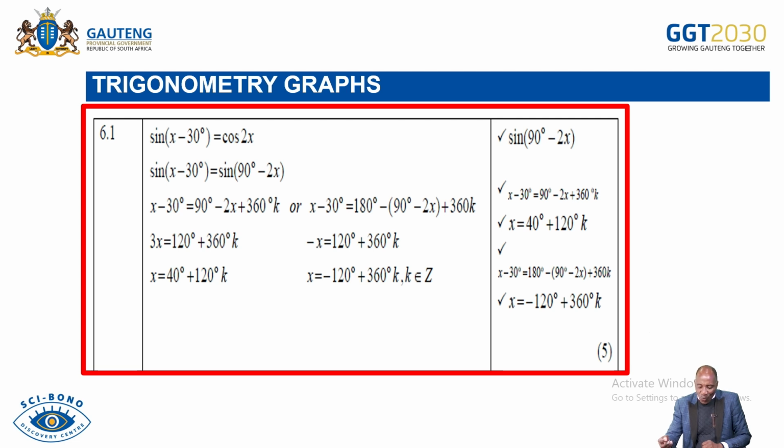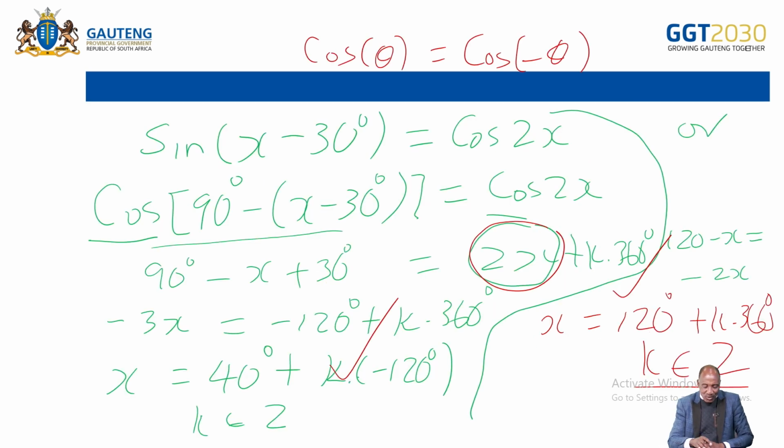They are saying 1 mark for that conversion of co-functions, 1 mark for forming the equation, 1 mark for this first general solution for k an element of integers, and then 1 mark for the next solution where you now focus on the second quadrant where sine is positive. Then you'll get your 5 marks. Don't forget to indicate that k is an element of integers.